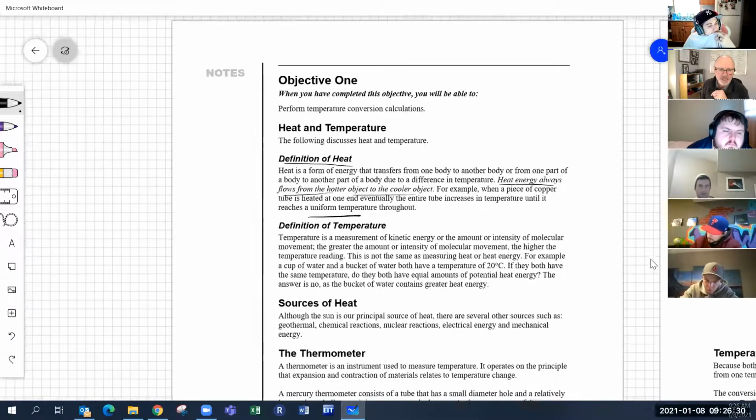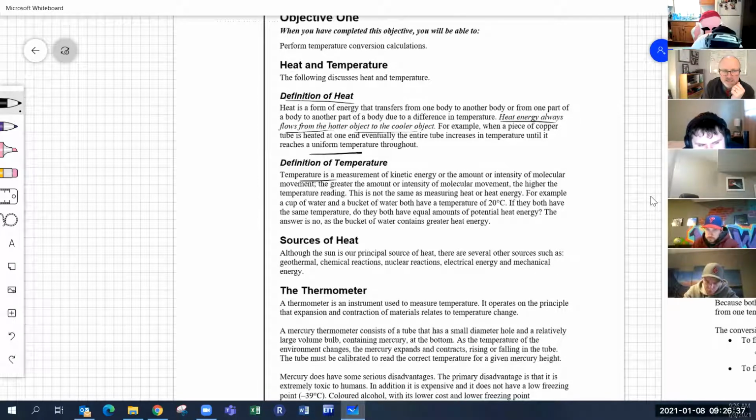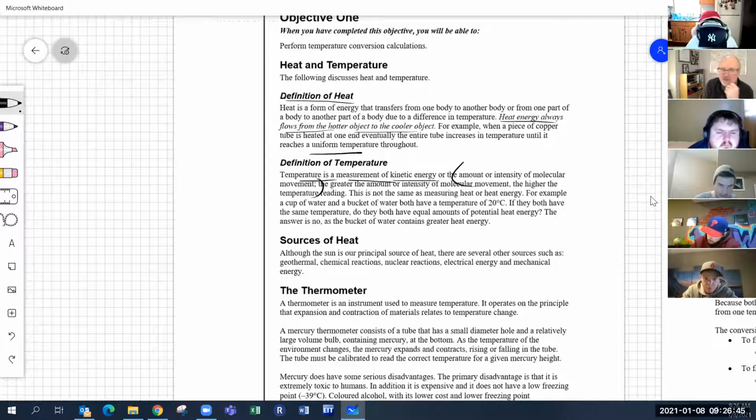So then we have something about definitions of temperature. The measurement. Temperature is a measurement of kinetic energy or the amount of molecular movement. Do you see that there? Molecular movement is the measurement of temperature.